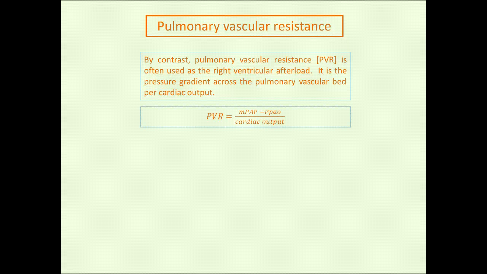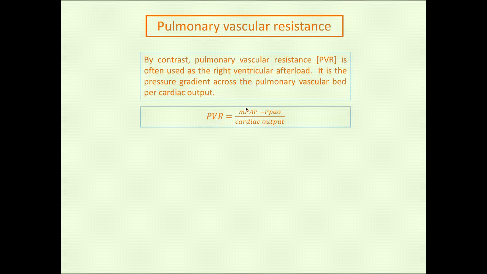So we calculate the pulmonary vascular resistance by measuring the mean pulmonary arterial pressure. So you get this from your PA catheter. It's just like measuring the mean arterial pressure, but you're using your pulmonary artery systolic and pulmonary artery diastolic pressures to determine your mean pulmonary arterial pressure. You subtract from that the pulmonary artery occlusion pressure, your wedge pressure.